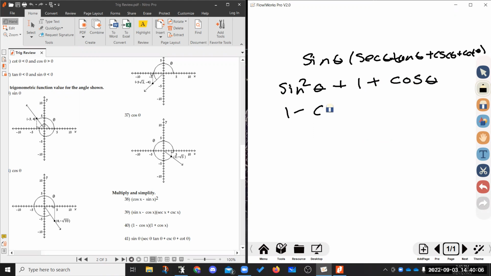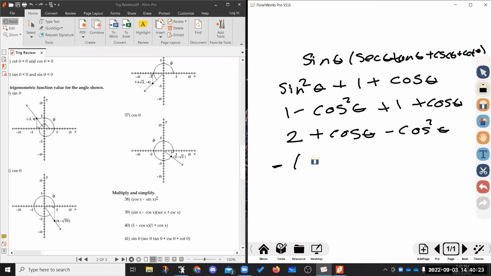So this is 1 minus cosine squared plus 1 plus cosine. So that is going to be 2 plus cosine minus cosine squared.